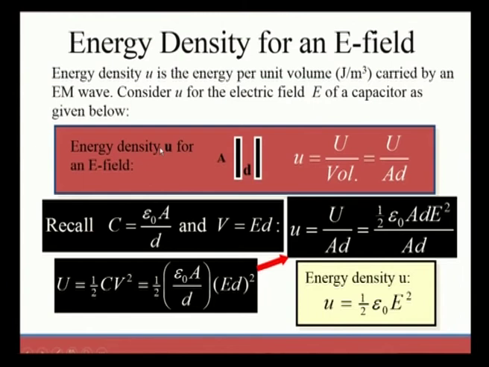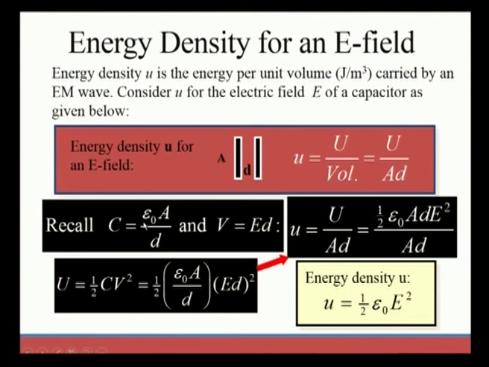The energy density is always equal to U divided by volume, that is the energy per unit volume. So, A D is the volume of the plate.